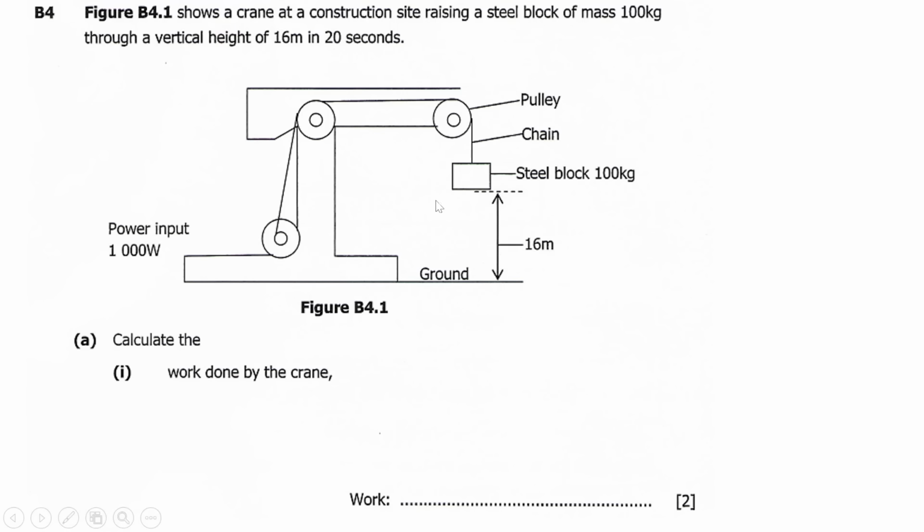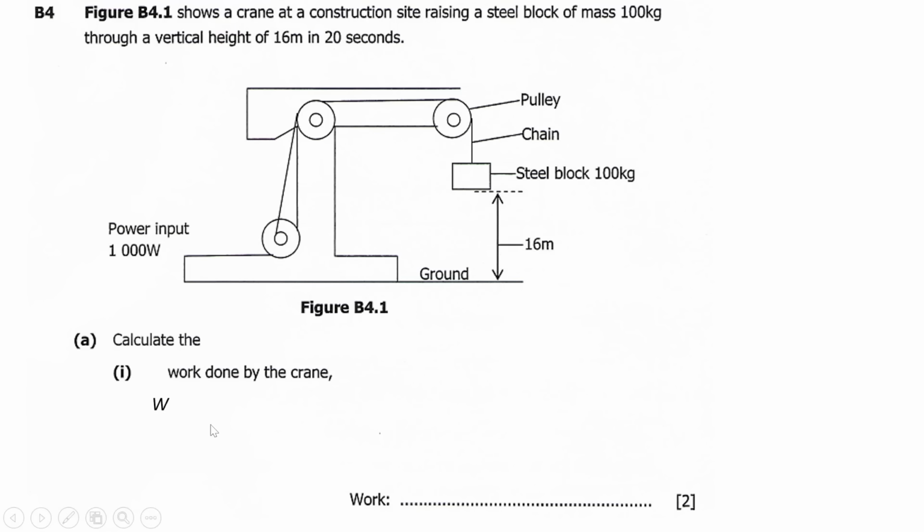Okay, there is a crane which is raising a steel block, this one here, of mass 100 kg from the ground. There's a chain there going like that, and that is a pulley. Then power input 1000 watts. Then they're saying calculate part 1, the work done by the crane.